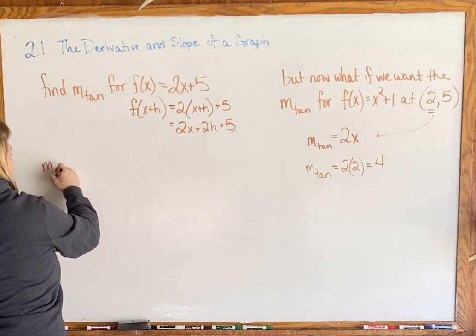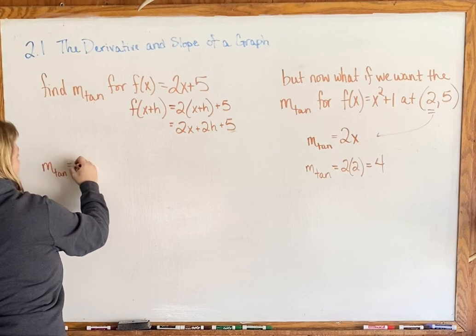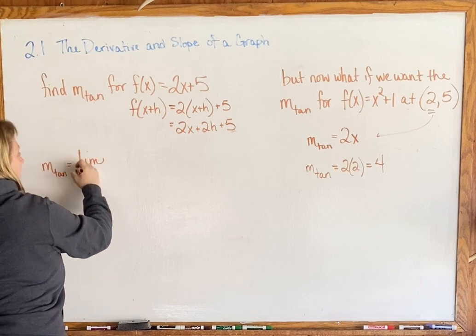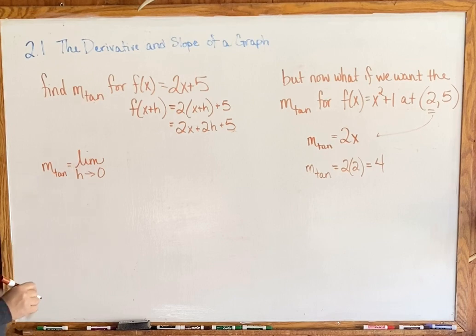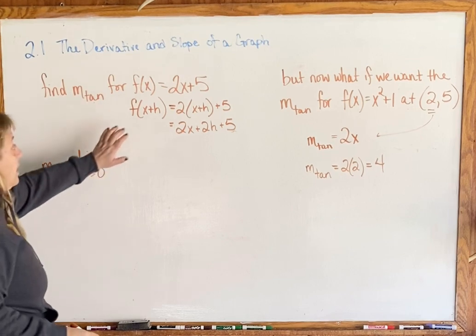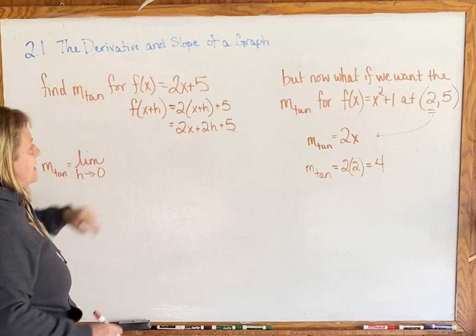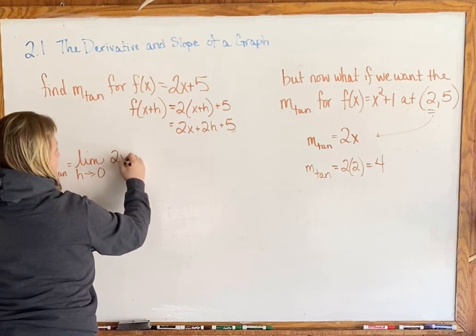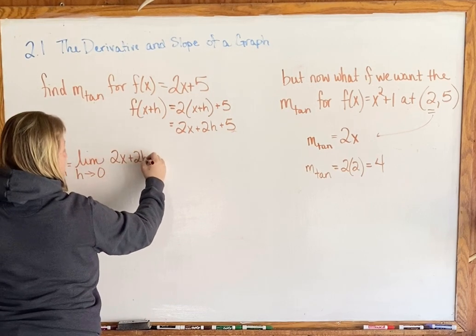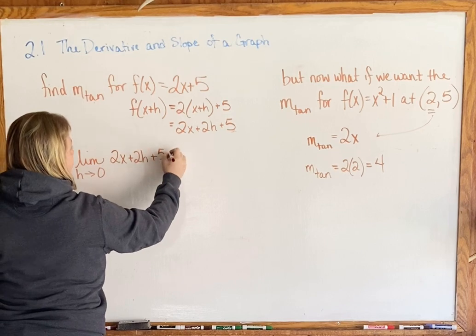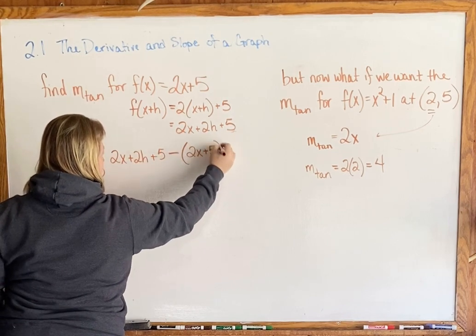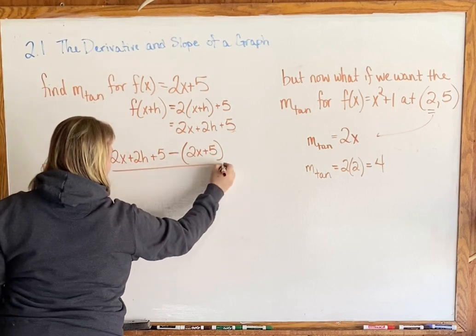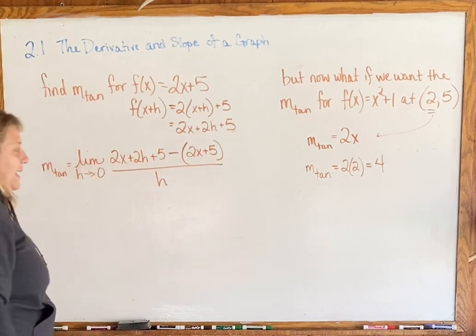So to find the slope of the tangent line, we're going to say let the limit as h approaches 0, okay, have that. And now, I know I erased it, so hopefully you got it there. It's this guy minus that guy. So it's going to be 2x plus 2h plus 5 minus 2x plus 5 in parentheses, all divided by h.